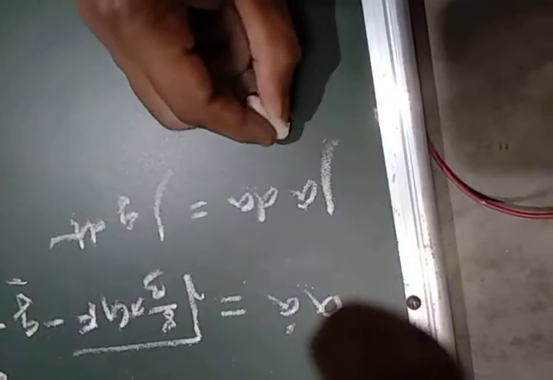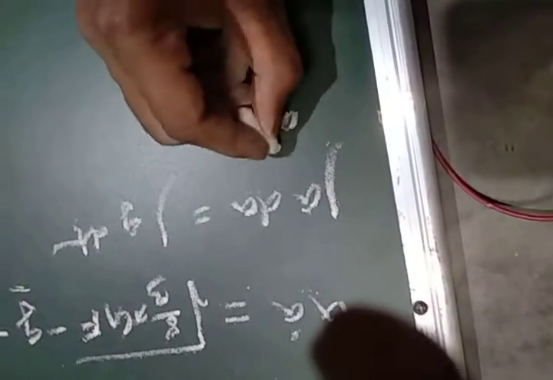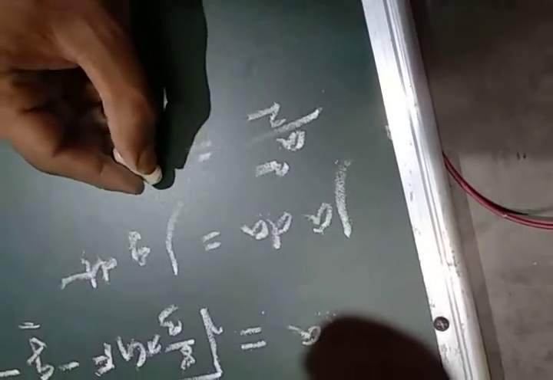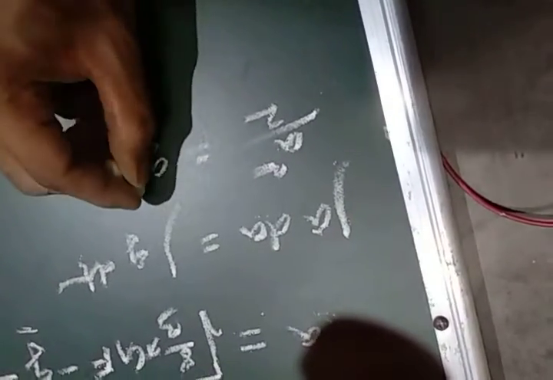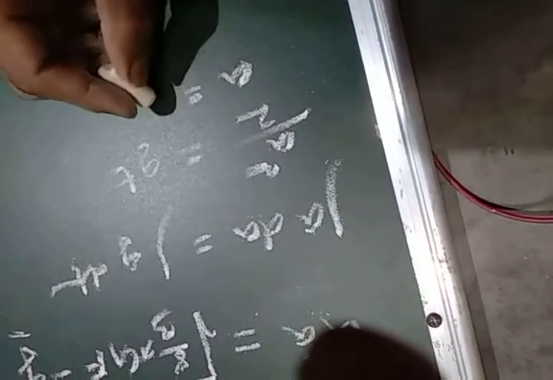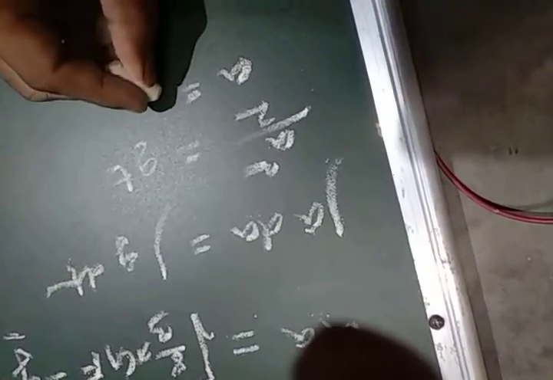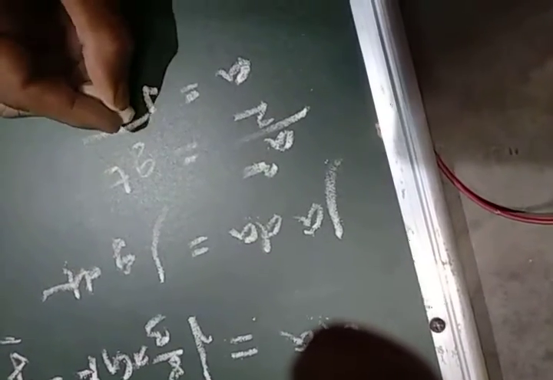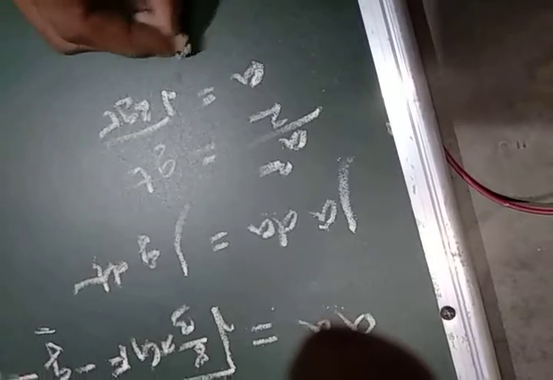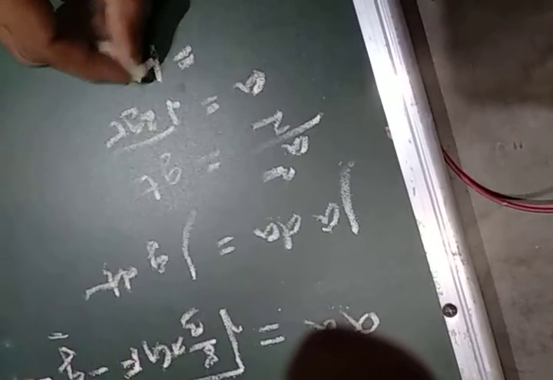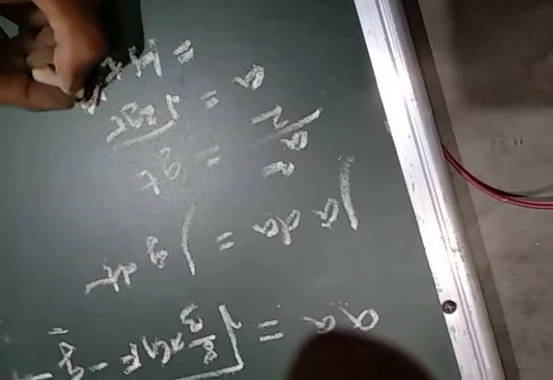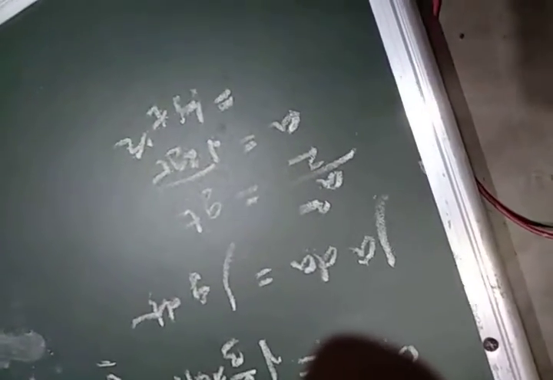So this gives us a square by 2 equals zt. This gives us a equals root 2 zt. So root 2 z, let this be h, into t to the power half. So we have another thing.